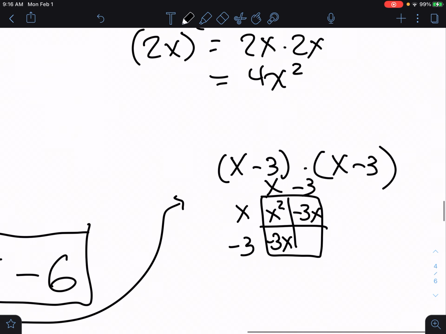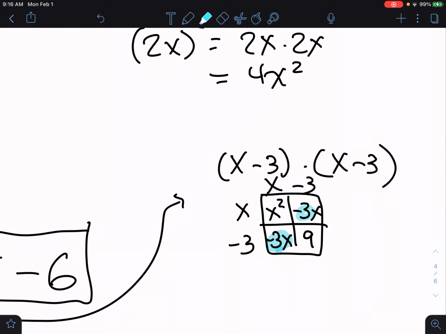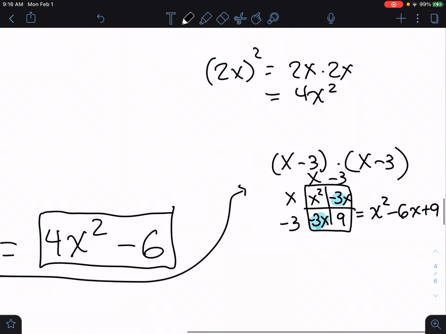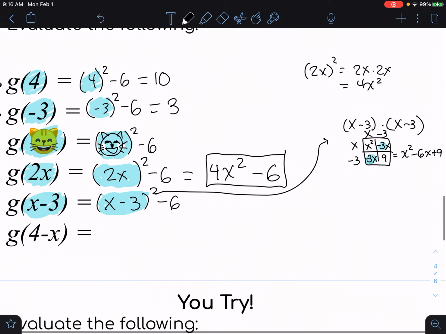Zoom in here for a second. So x minus 3 times x minus 3, then there's a 9. I have some like terms here. So I get x squared minus 6x plus 9, right? That was from this whole thing. Don't forget about that minus 6, but we just simplified that whole part.